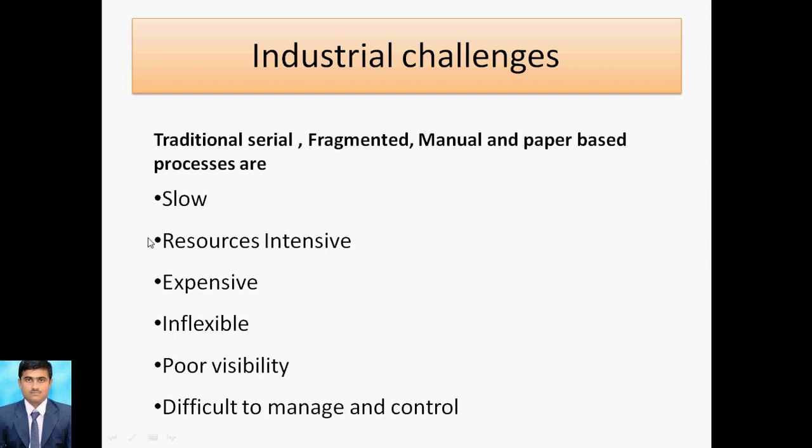To overcome these, we can implement the PLM system, that is product lifecycle management. Product lifecycle management covers our product's life from the introduction phase up to the decline phase, and it reaches reinvention. In PLM, we can go for reinvention.